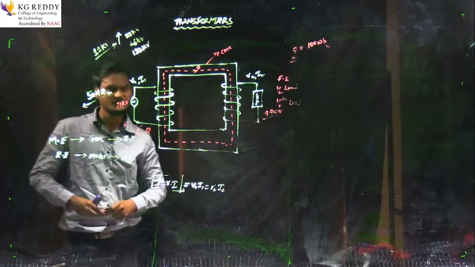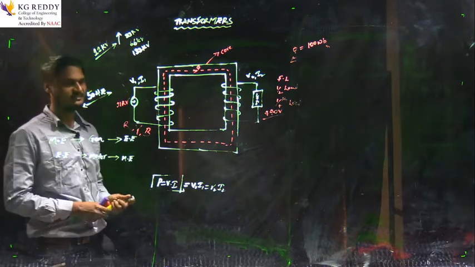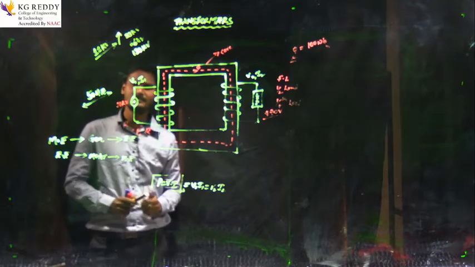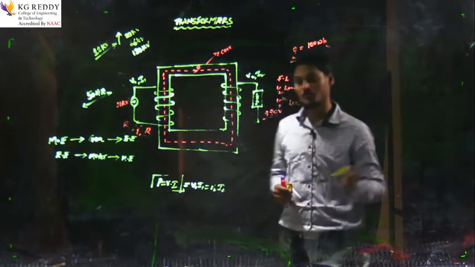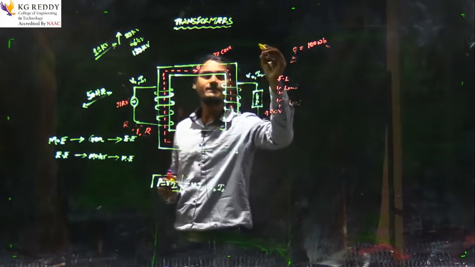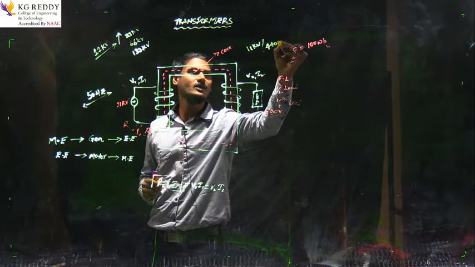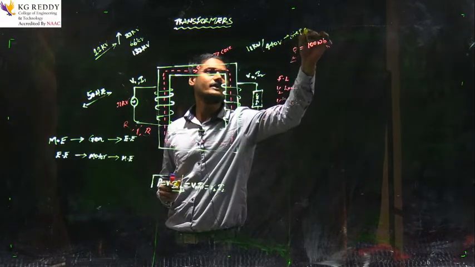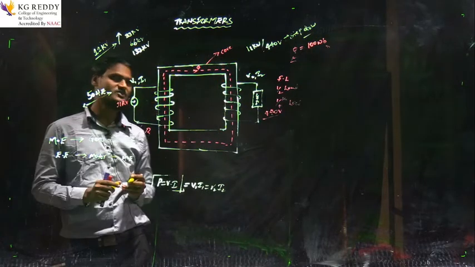On the board I am representing only one phase, that is the R phase. So if 11 kV is connected to the transformer, the output will be 440 volts, right. So we can call this transformer an 11 kV by 440 volts step down transformer. Right, so this is a step down transformer.